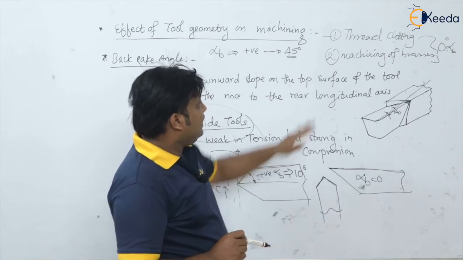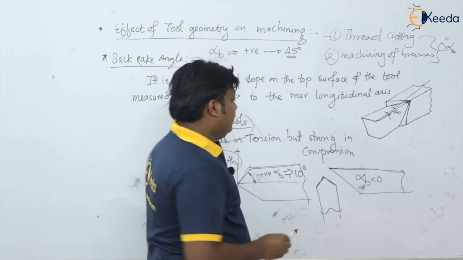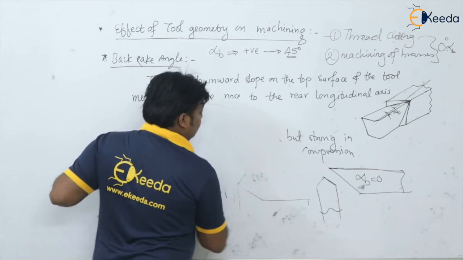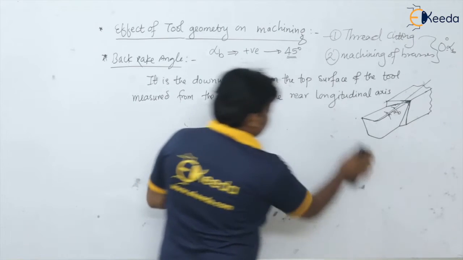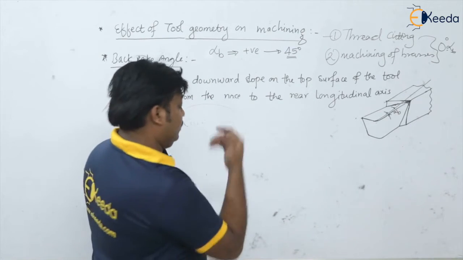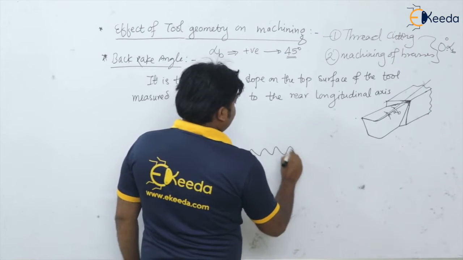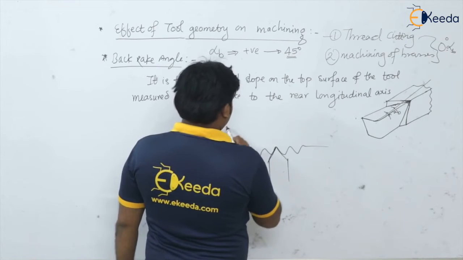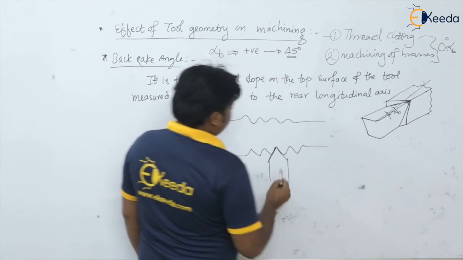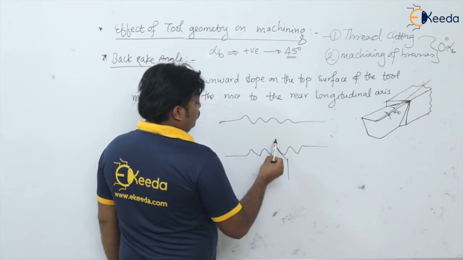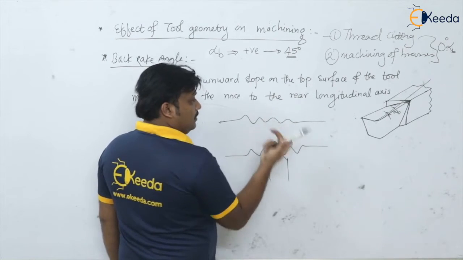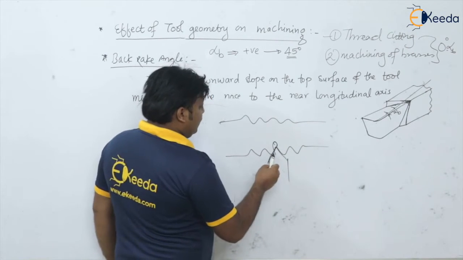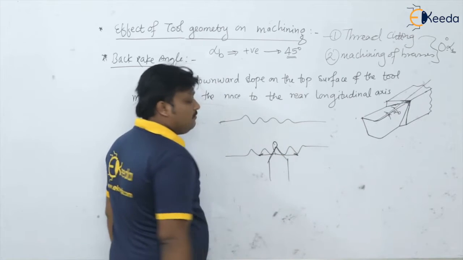Okay, so what actually happens in thread cutting? When you go on cutting the threads, whatever chip is produced in the thread cutting operation is directly lifted upwards. Okay, so this is the thread you are producing, this is the tool here, and this is the workpiece on which you are producing the thread. Whatever chip is produced here gets directly lifted upwards onto the rake face of the tool itself, so the chip will not flow in the sidewise direction.